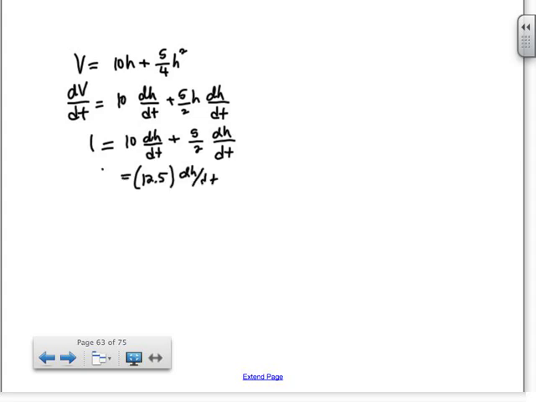Okay, so h is 1, dv is 1. So I get 10 plus 5 over 2, that's 12.5 dh over dt. And I divide it over, so I get 1 divided by 12.5.